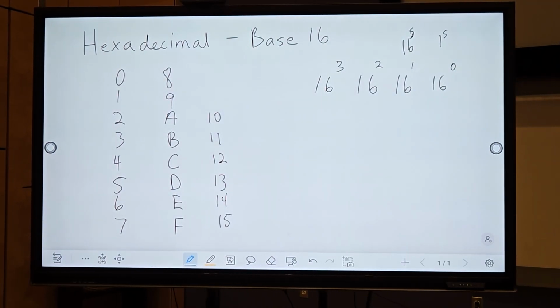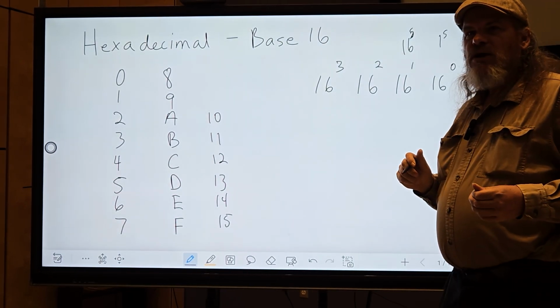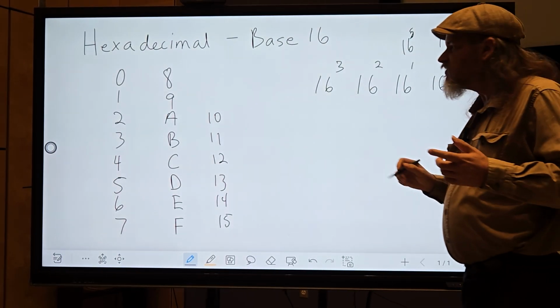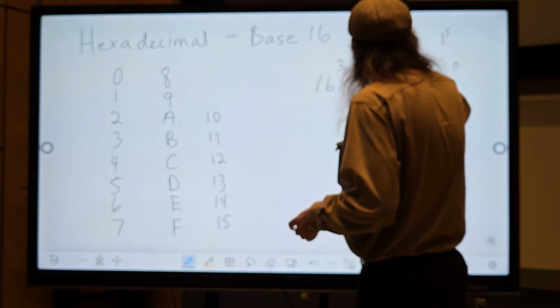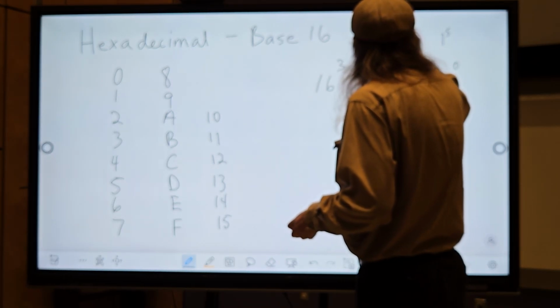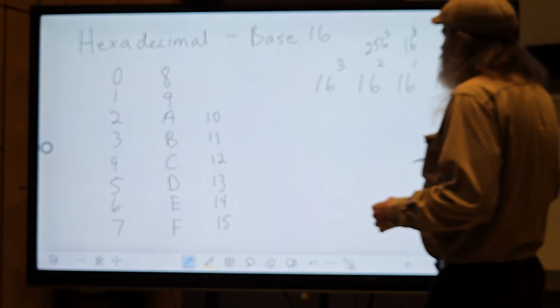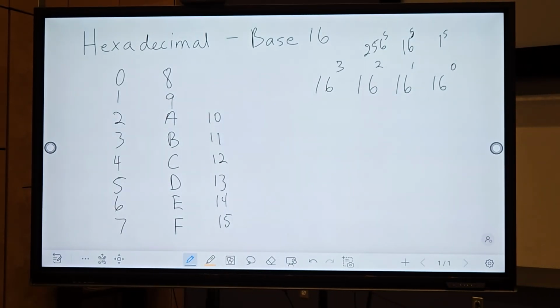16 squared. What is 16 squared? Anybody have a calculator handy? Is it 256? Yeah. 256, the 256's position, and multiply that by 16 for the power of 3.